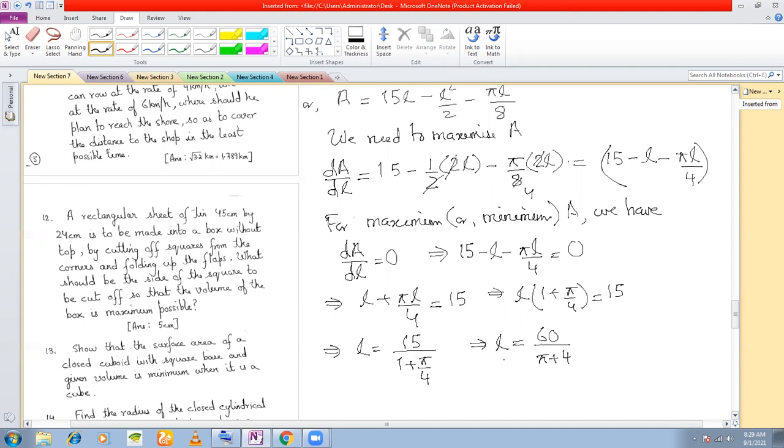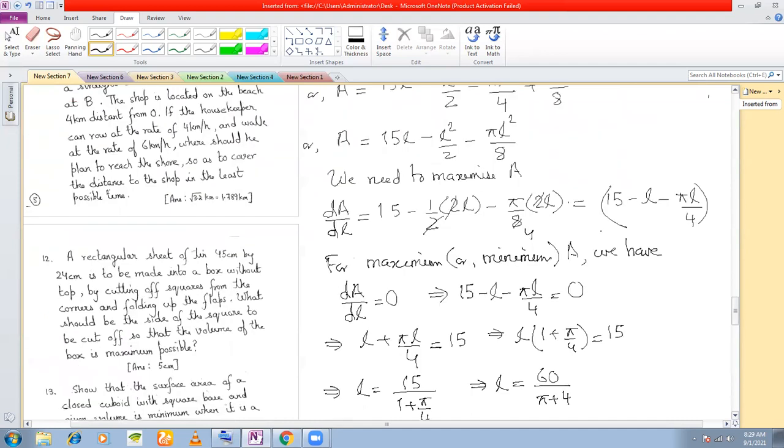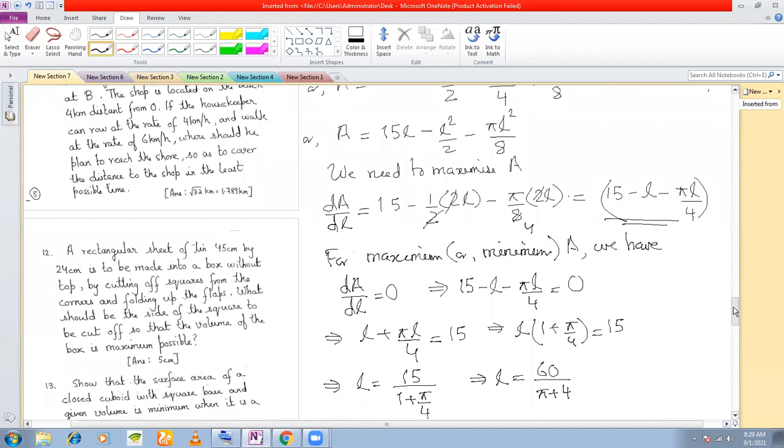Okay, at this length, area is either maximum or minimum. Now, how do you check whether the area is maximum or minimum? Find out the second derivative, d2A/dL2. Which function do you have to differentiate? You differentiate this function to find out d2A/dL2.